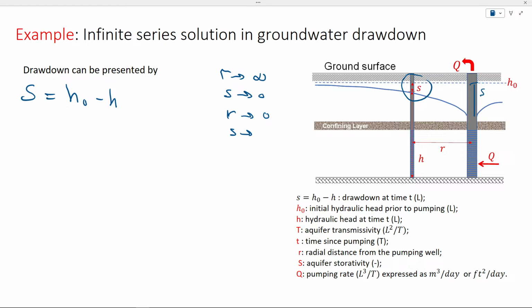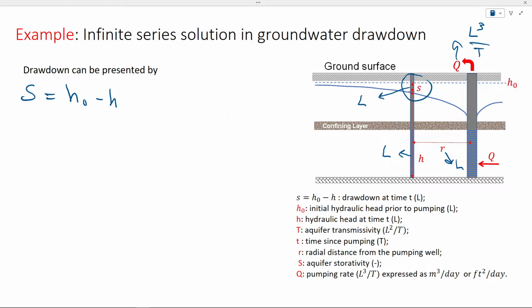And this is Q, how much I'm pumping, with units of volume over time, L cubed over T. r has units of length, h has units of length, and drawdown has units of length.